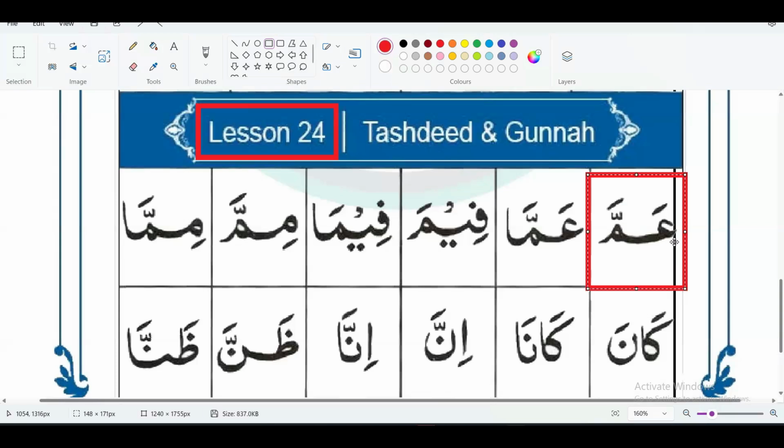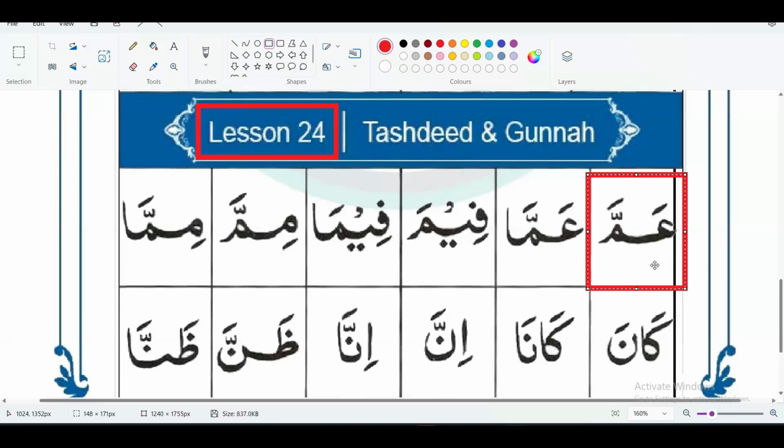After that we read meme with fatha, because the second sign on meme is fatha. So first connect ain with meme and then read meme with fatha: ma.